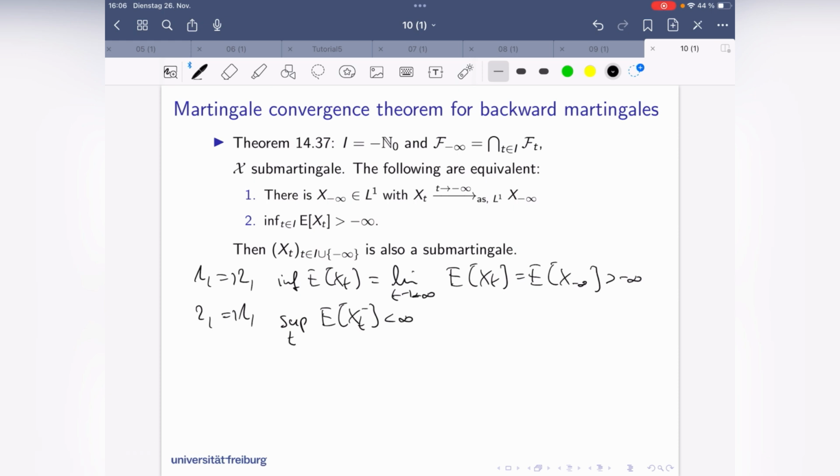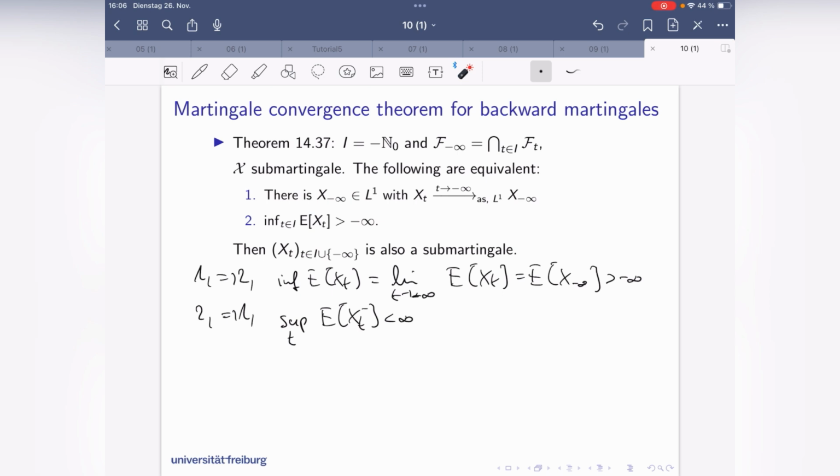But this is the same thing as this here, so that property follows from this here. Yes, so I'm in the negative numbers.